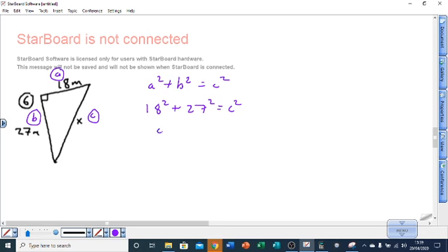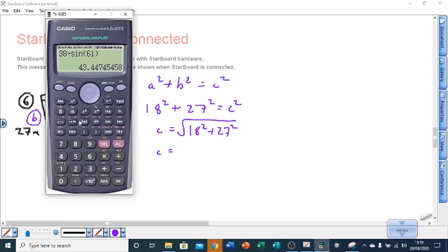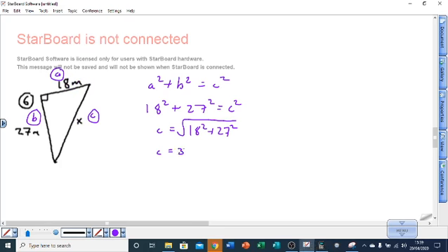So C is equal to the square root of 18 squared plus 27 squared. C equals, so I've got square root of 18 squared plus 27 squared equals, and again 100% accurate, we want the rounded answers, 32.4. So 32.4, it's in meters and it is to 1 dp.